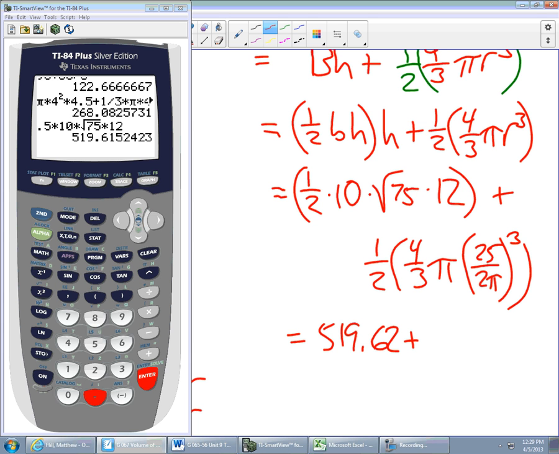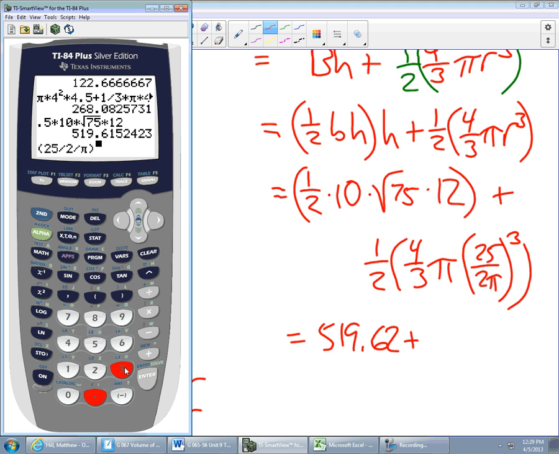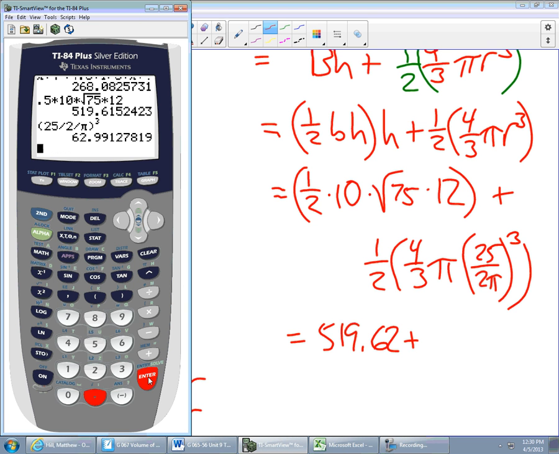Now let's figure out what that thing is over there on the right. Probably the best thing to do would be kind of thinking about order of operations. Start where it's the ugliest. Come in here to this radius cubed, and let's do that. I'm going to open up some parentheses and say I've got 25 divided by 2 divided by pi. I'm going to close the parentheses. That is the radius. The radius needs to be cubed. You've got the radius cubed, which is this number.